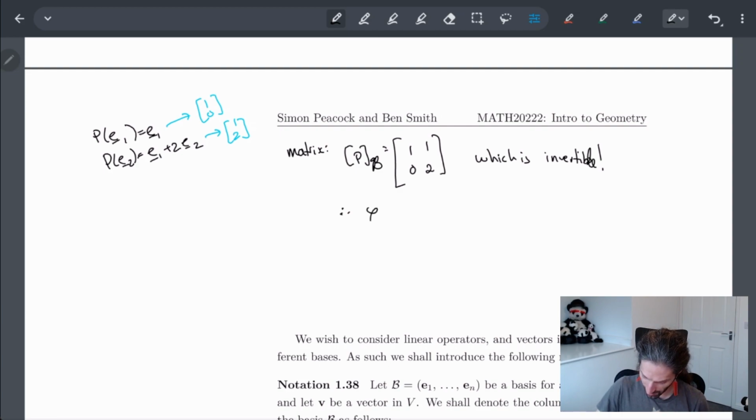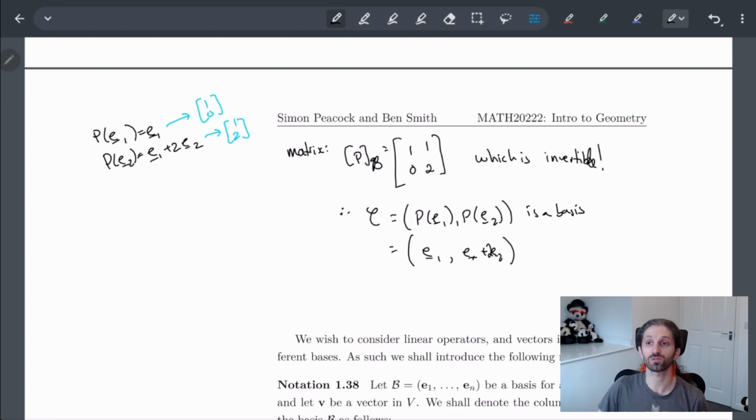And remember, this basis is given by precisely this. So this was P of E1, this is E1. And P of E2 is E1 plus 2E2. So this as well gives us an ordered basis.